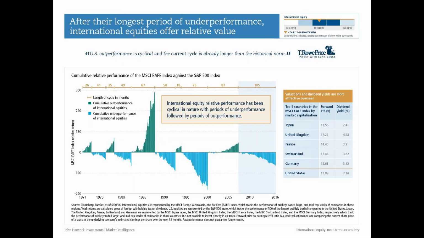On the right, we have a table, and we talk about some of those things we talked about earlier. Price to earnings ratio: for the earnings of international businesses, you're paying less relative to the U.S., where it's more expensive. The other thing is the dividend yields are higher, and in some cases they're double that of the United States.